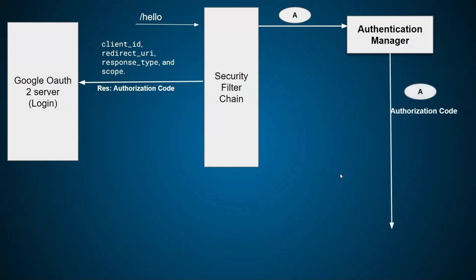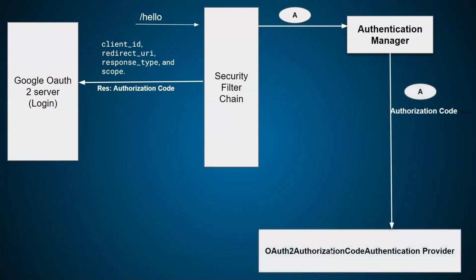Now the authentication manager will call the authentication provider. As we saw in the last videos, in the internal flow of Spring Security and JWT, we used the database authentication provider, which is the default. But here we are going to use OAuth2 authorization and authentication, so we have to use the OAuth2 authorization code authentication provider. Let me repeat.